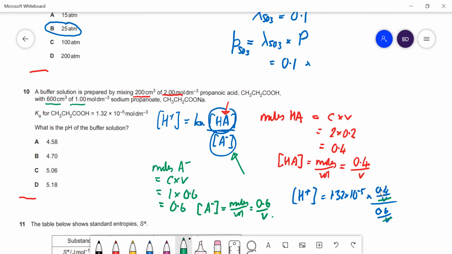So we will do the maths there, and we get 1.32 times 10 to the minus 5 multiplied by 0.4 over 0.6. That gives us 8.8 times 10 to the minus 6 as the hydrogen ion concentration. Take the minus log of that to get the pH.